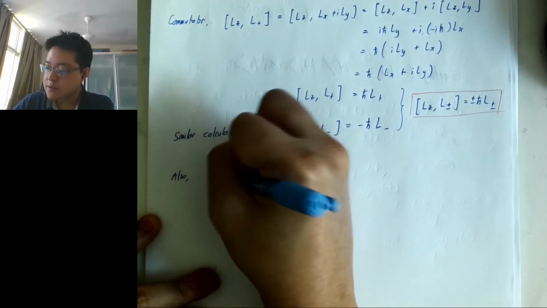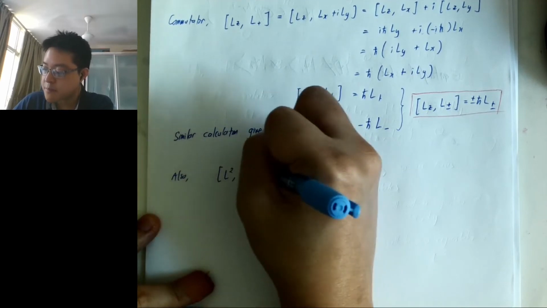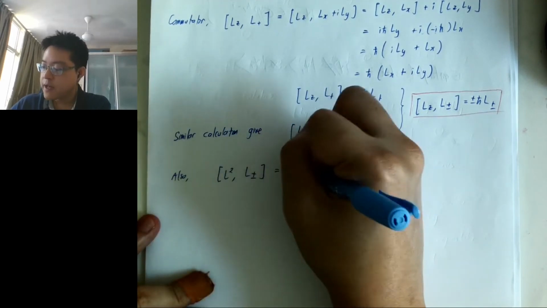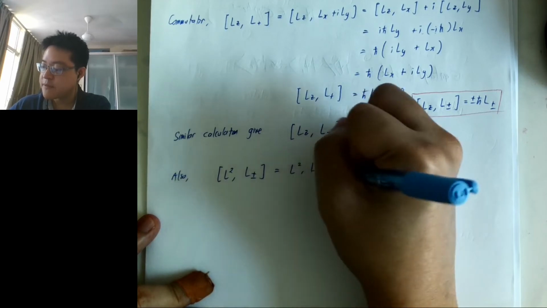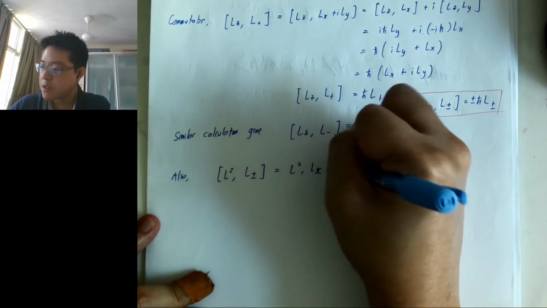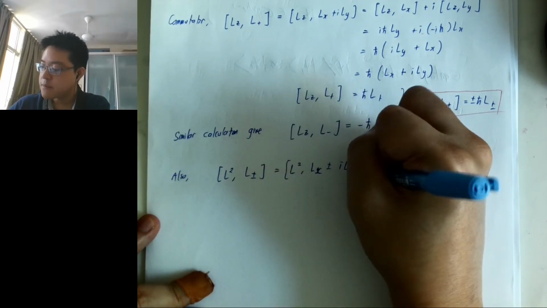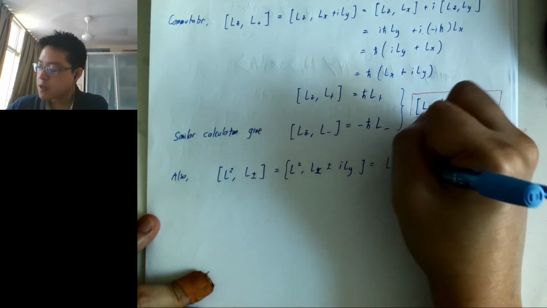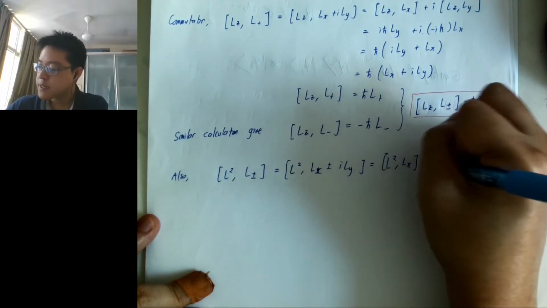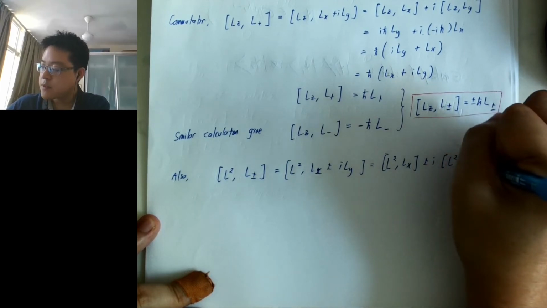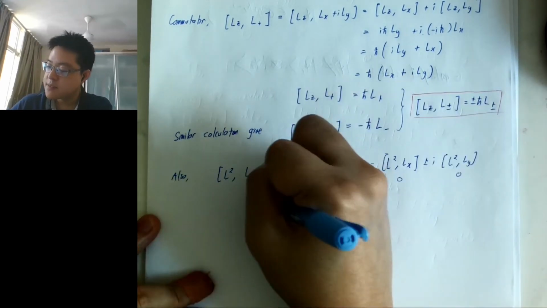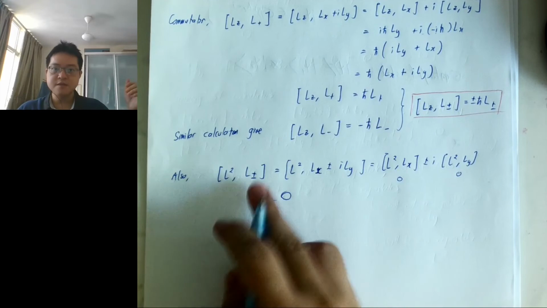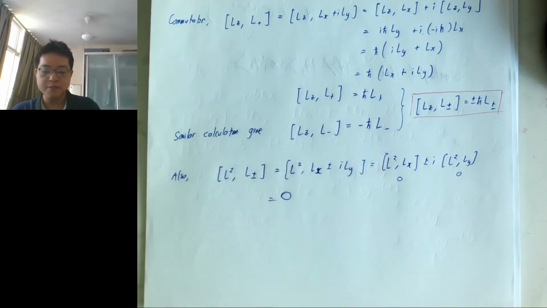So how does L squared commute with L plus or minus? Well, L plus or minus is defined to be Lx plus or minus i Ly. But L squared commutes with Lx, and L squared commutes with Ly. So both of these are 0. So the commutator of L squared with L plus or minus is 0. We can make use of this for the manipulation later.